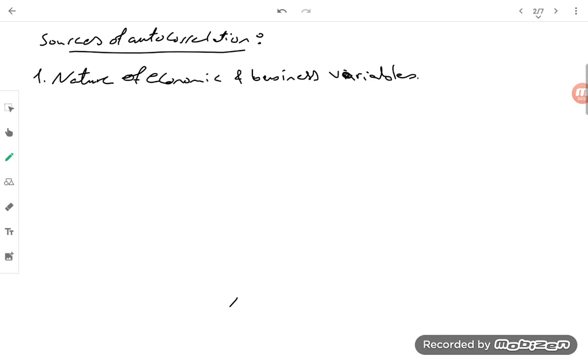This may cause an autocorrelation between error terms. So this means that observations of an economic variable are expected to be interdependent over time.